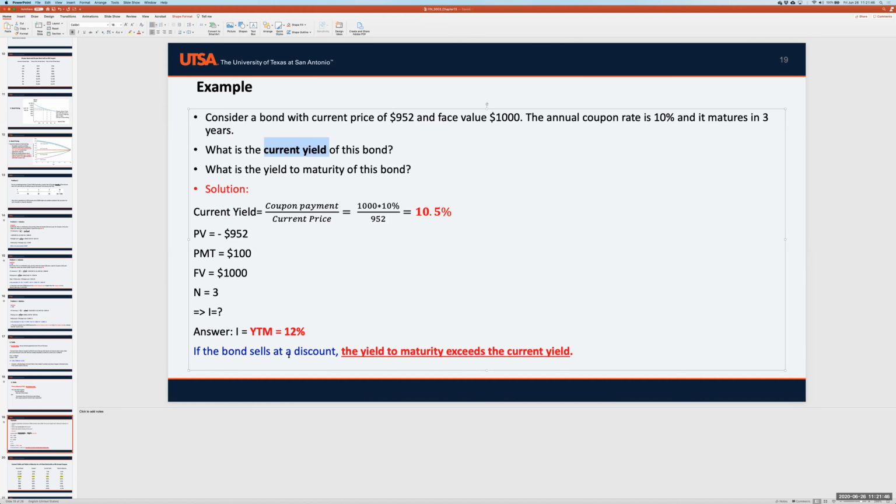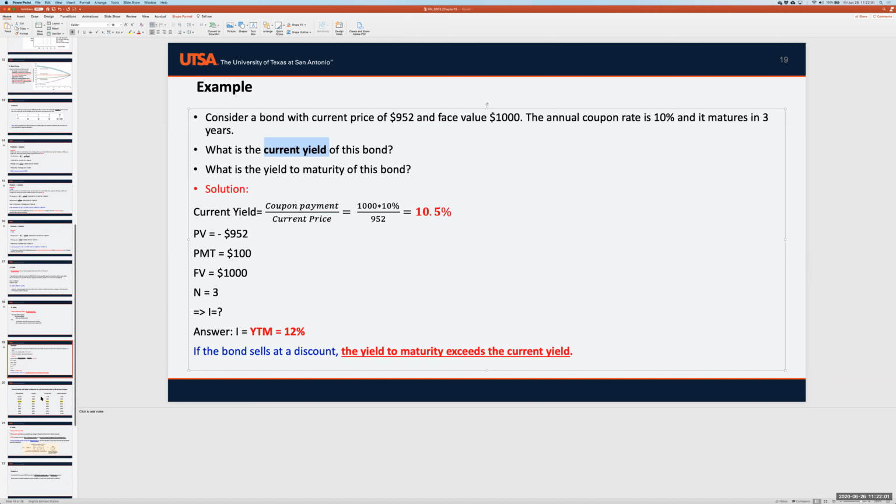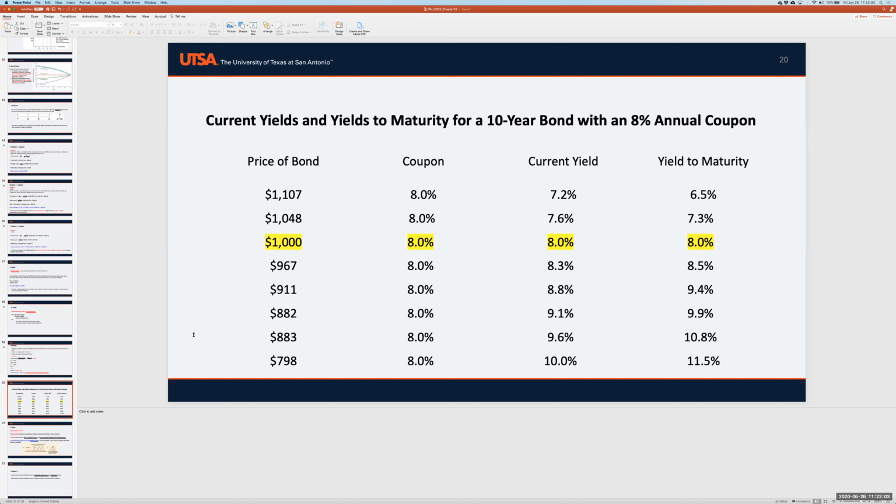So if the bond sells at discount, meaning the coupon rate is lower than the discount rate, the yield to maturity exceeds the current yield, right? Let's look at this chart. So if the coupon rate is 8% and yield to maturity is 8%, we find the bond price is 1000.